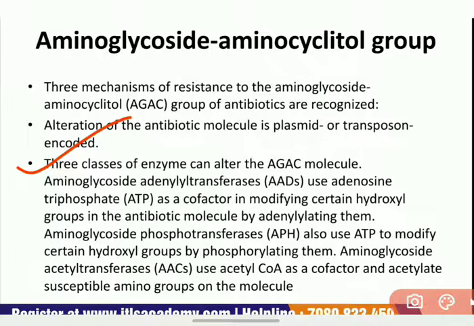Three classes of enzyme can alter the aminoglycoside aminocyclitol molecule.